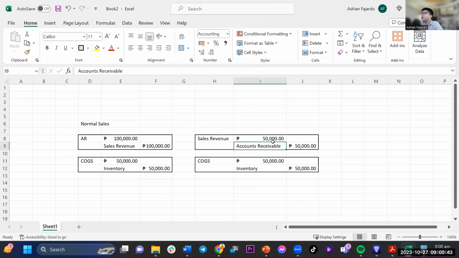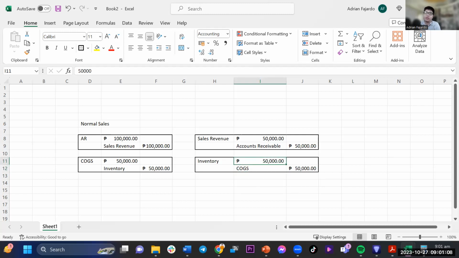Pero yung 50,000 na to, may nakaakibat na cost of your inventory that you have to reverse also. So, if COGS inventory, dapat ito, inventory, COGS. So, tataas yung inventory mo kasi binalik sa'yo eh. So, the question is, how much yung inventory in COGS?